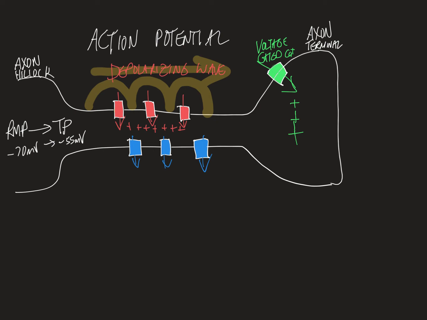These little pockets. As this end of the axon terminal gets more positive, at around 30 millivolts, these little things end up being pushed out of the end here, these neurotransmitters.